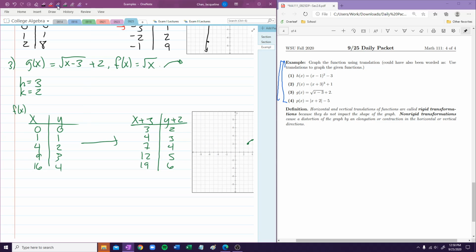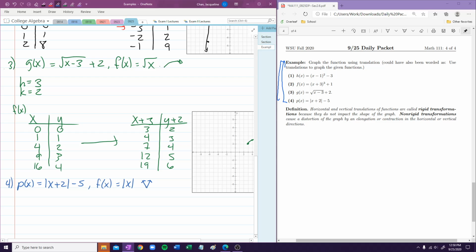So for our last example, we will do p of x is equal to the absolute value of x plus 2 minus 5. Again, what is the parent function? I'm going to label that as f of x. The parent function, the most basic one, is the absolute value of x. And what does that look like? It looks like a v.